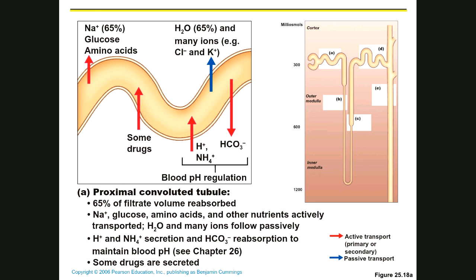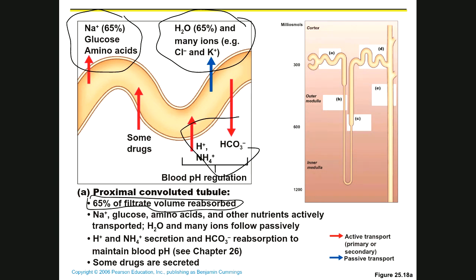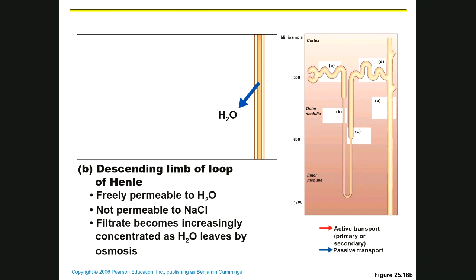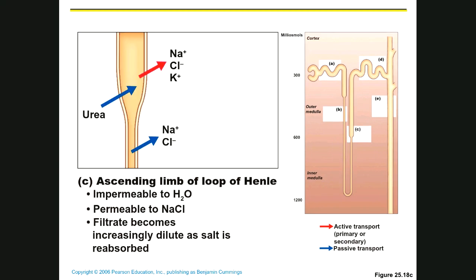So proximal convoluted tubule, all of that stuff gets reabsorbed. 65% of the volume, that's the water, about 100% of all this stuff, and so on. That's what's in here. And then here's the thin segment of our loop of Henle. We're going to absorb water. It's permeable to water, so water comes out. But on the other side, remember what's going to come out is salt.